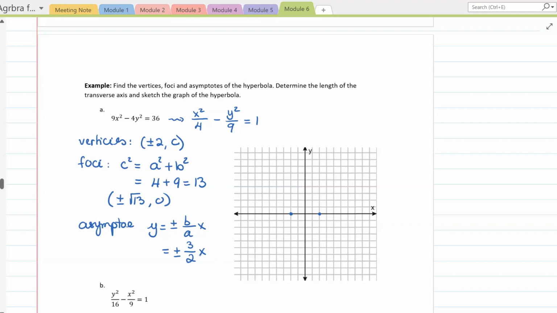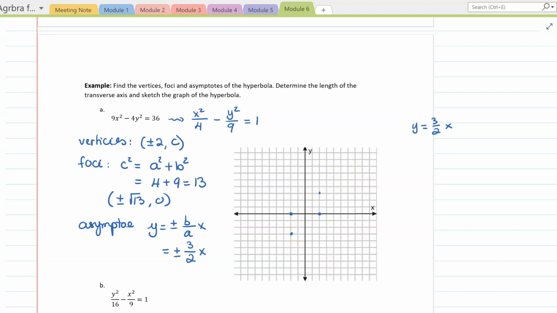So let's go ahead and put in the two asymptotes. The first asymptote is y equals 3 over 2 x, which means it has slope 3 over 2. So go up 3 over 2, go down 3 over 2.